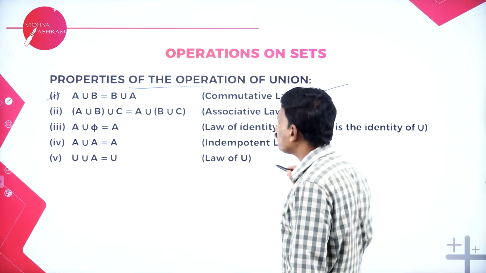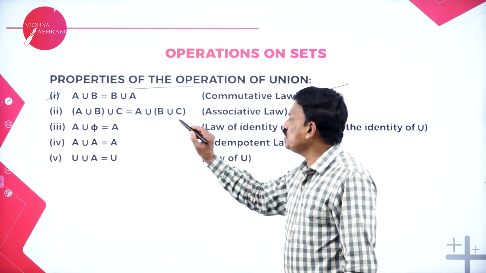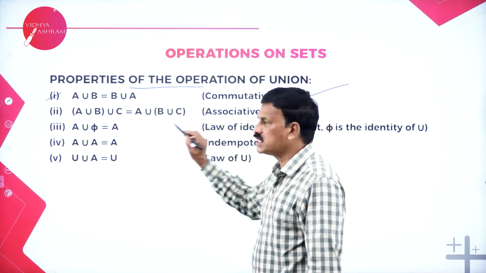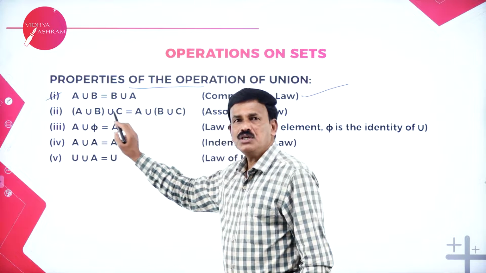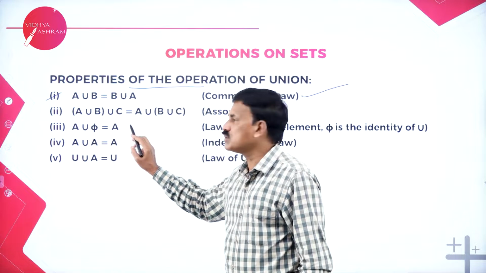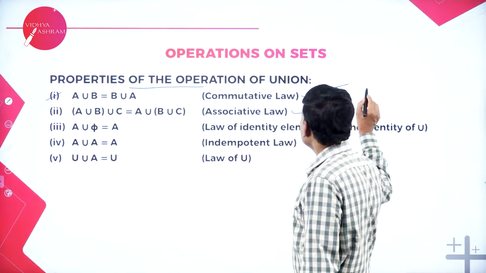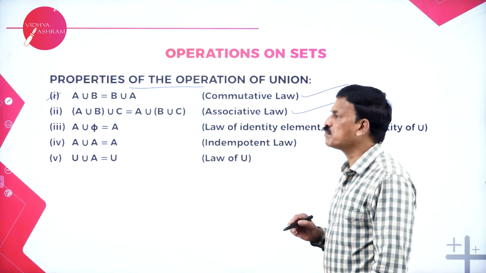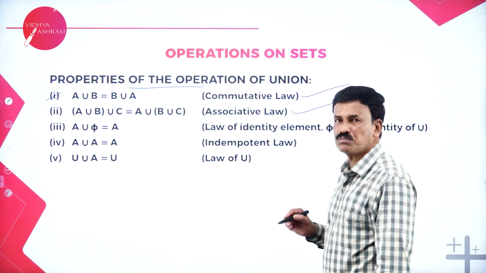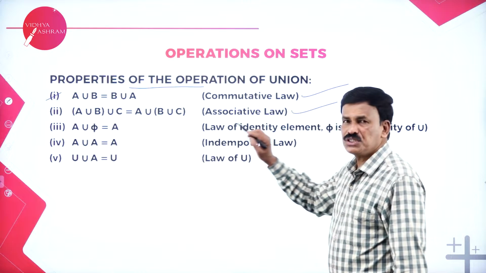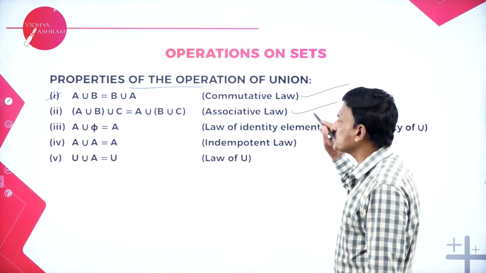Now, A union B union C is also equal to A union B union C. That means it is associative. Associative property is satisfied. Associative property holds good. So, union of two sets is commutative. Union of two sets is associative.